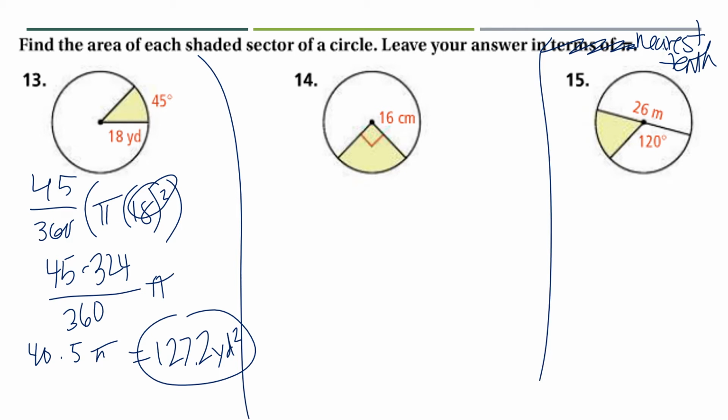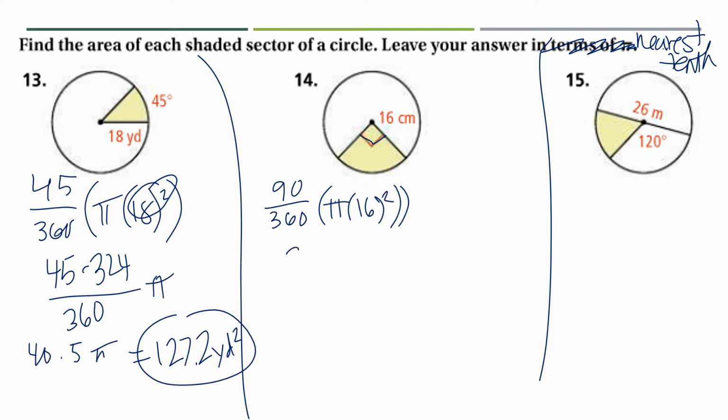So then for number 14, we have this angle, you know, or you should remember, is 90 degrees. So I'm going to have 90 over 360 times pi r squared. My radius is 16 centimeters.